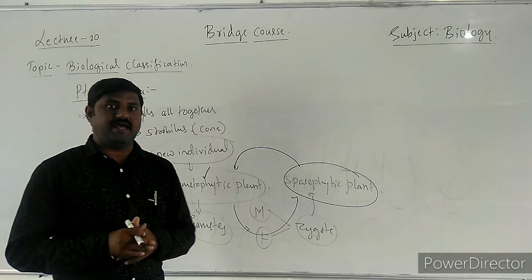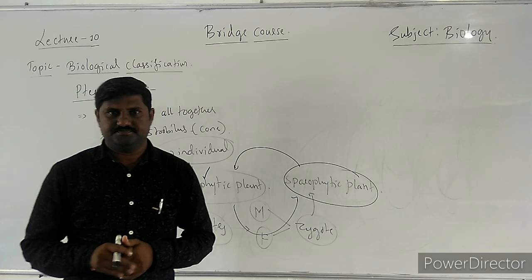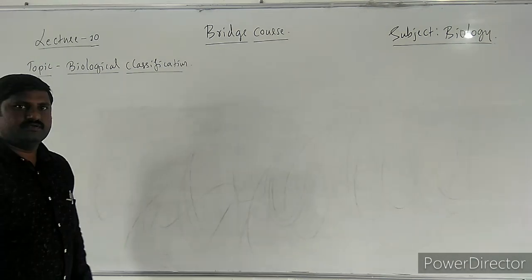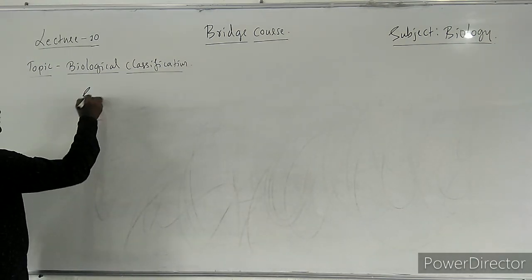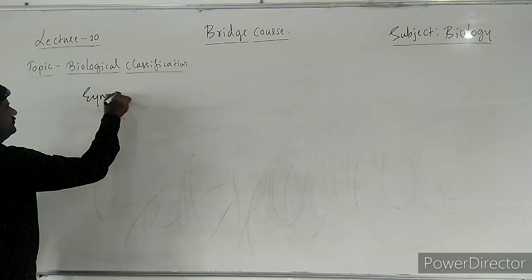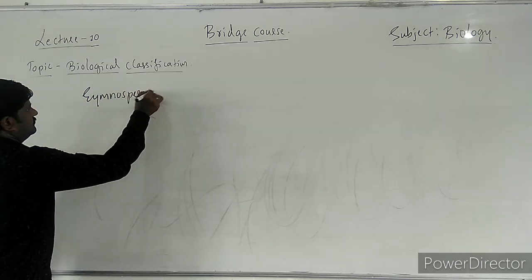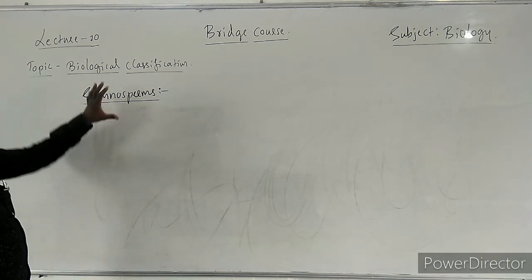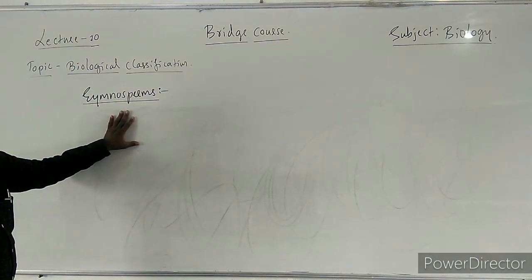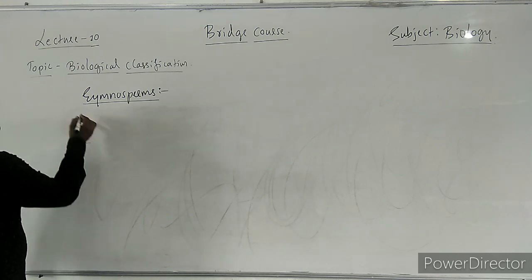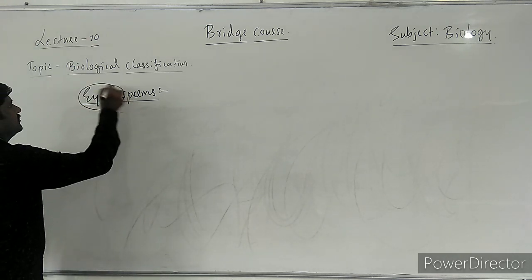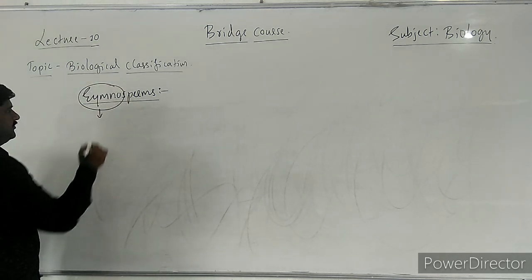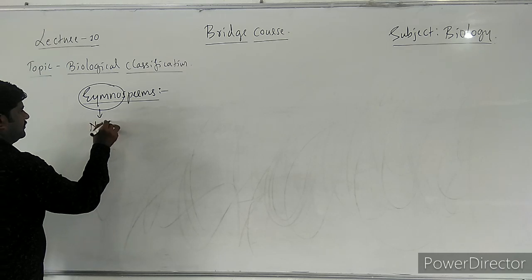So the next group of plants is Gymnosperms. The meaning of this word itself says what kind of plants these are. Gymnos or gymnas means naked.